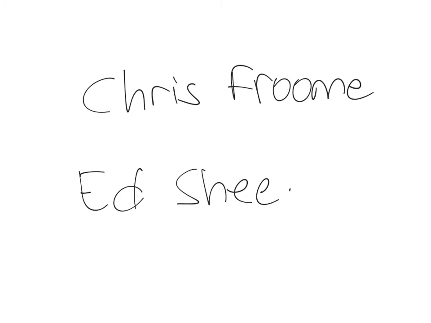You spell something like that, yeah? How would you pronounce it? Yeah, it's Chris Froome, yeah? For example, how would you... Oh, this is easy for you. Yeah, you're going to get this one right. Ed Sheeran, for example, yeah.